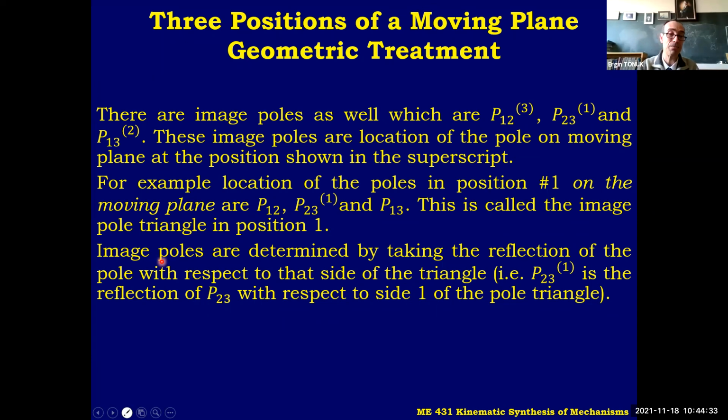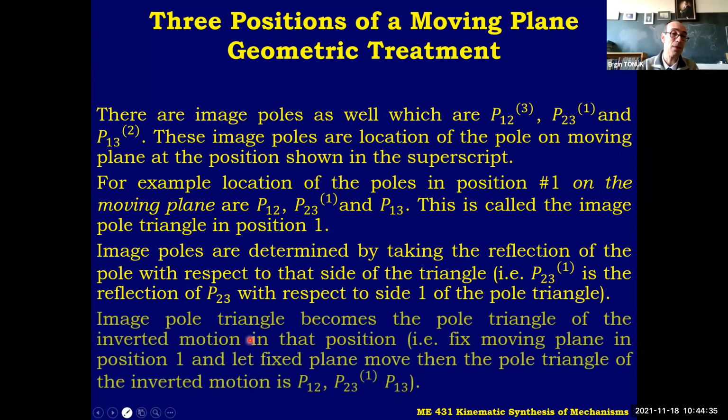And another important thing, the image pole triangle becomes the pole triangle of the inverted motion. That is, when you fix the moving plane and move the fixed plane, maybe because you want to select the fixed pivot rather than the moving pivot, then you will work on image poles of the original motion, which would become the poles of the inverted motion.